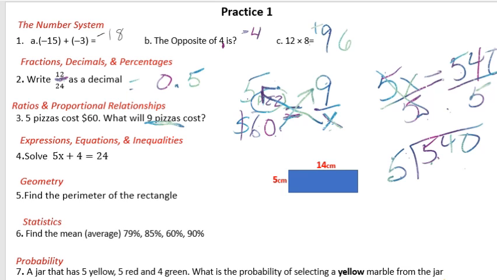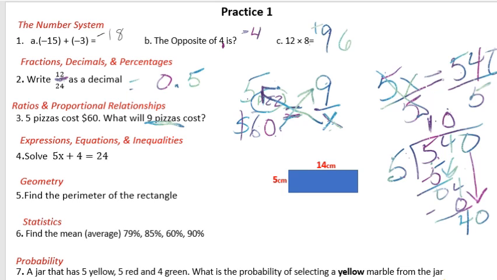5 goes into 5 one time. 5 times 1 is 5. Leaves me with 0. So I'm bringing down 4. 5 goes into 4 how many times? I can't use 1, because that would be 5, and that would be too big. So I need to go down. I'm going to do 0. 5 times 0 is 0. Leaves me with 4. Now I need to bring down my next number.